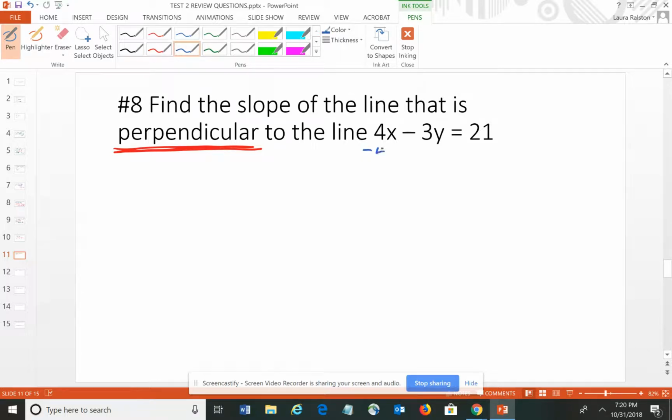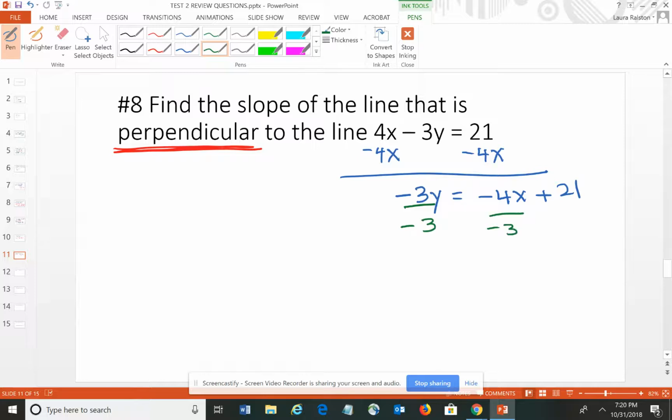So I'm going to subtract 4x, so I have negative 3y equals negative 4x plus 21. Then I'm going to divide everything by negative 3. So I have y equals positive 4/3 x minus 7.